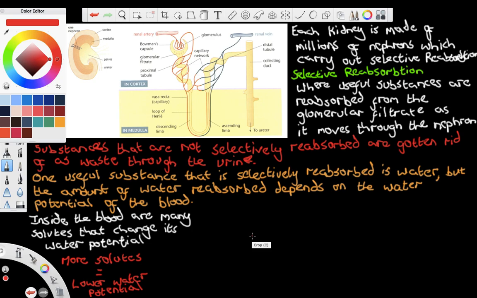Now, lower water potential in the blood is caused by a low intake of water, lots of sweating, or intake of solutes, such as lots of salt. Okay?